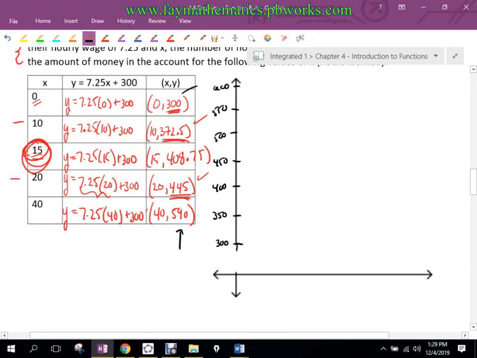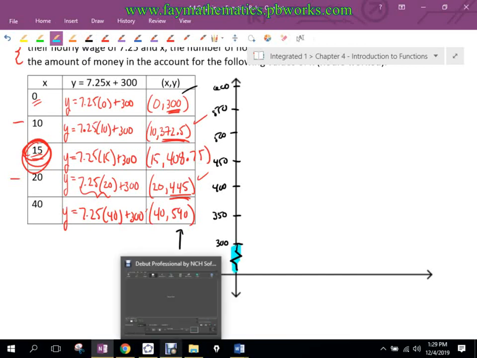Have you ever seen a graph that did something like this, where right here they kind of break the axes, they bend the axes and make it look crooked? You ever seen that before?